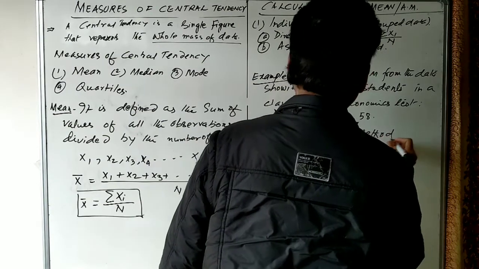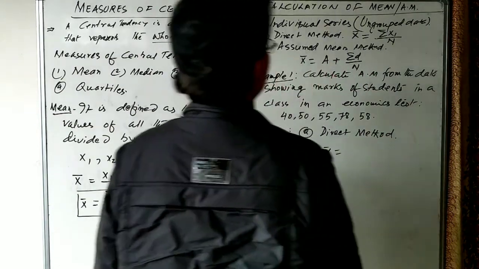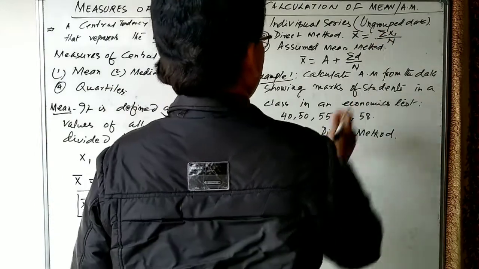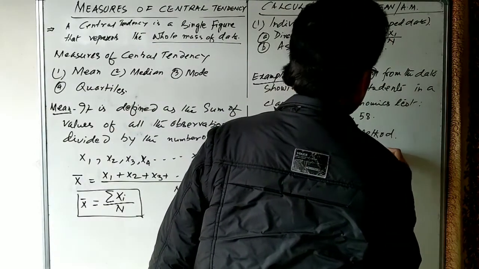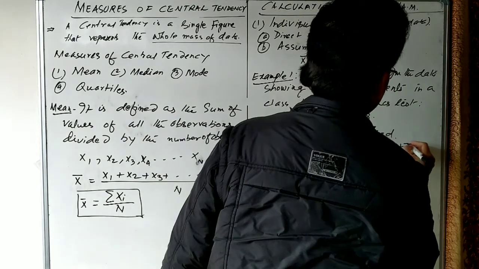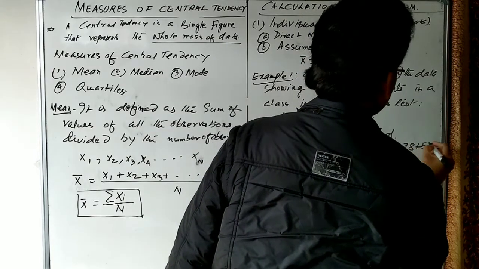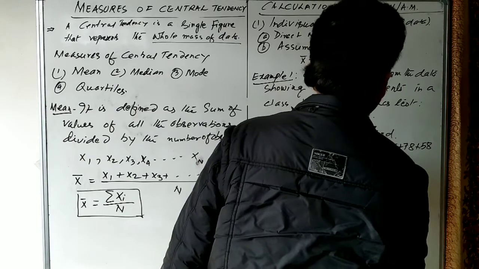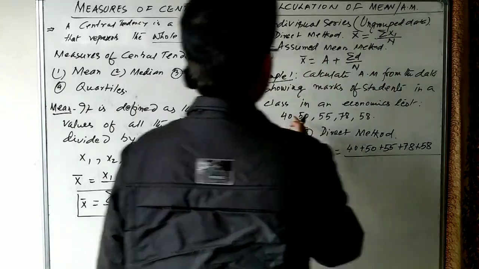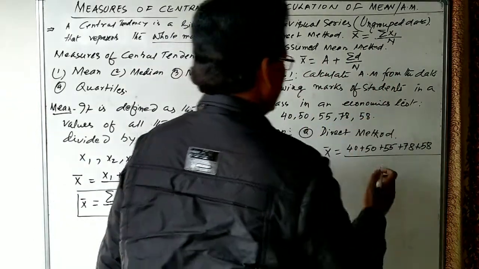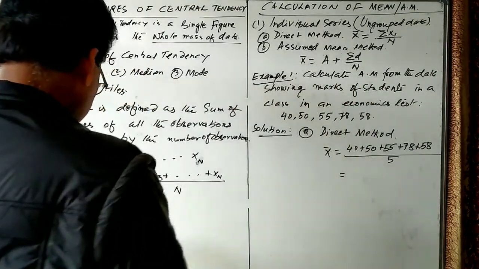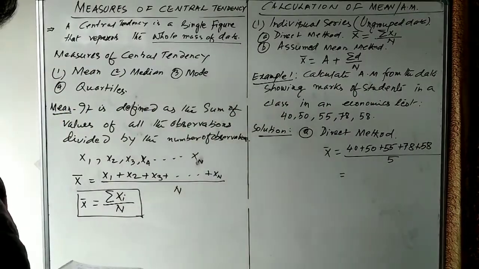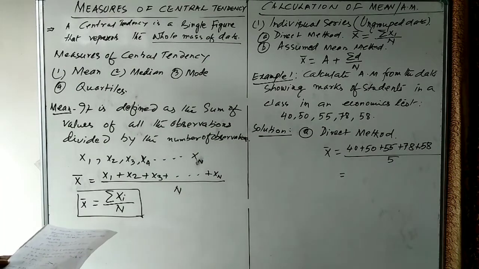In the direct method, x bar is equal to sum of xi, it means 40, 50, 55, 78, and 58, and the whole divided by 5. 5 students are there, so the sum will be taken and divided by the total number of students.